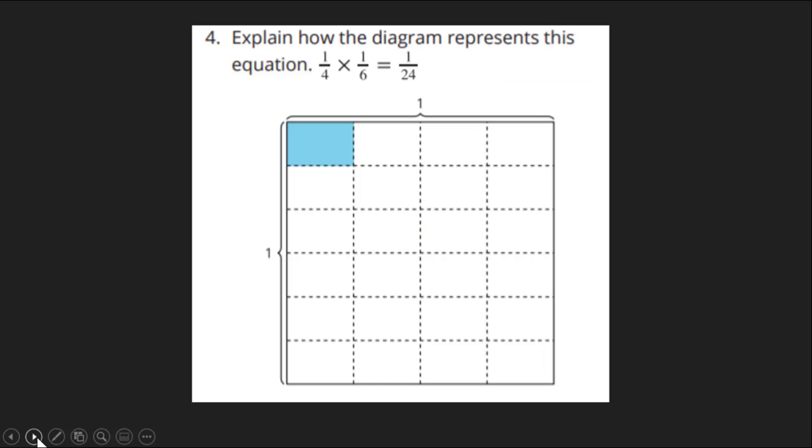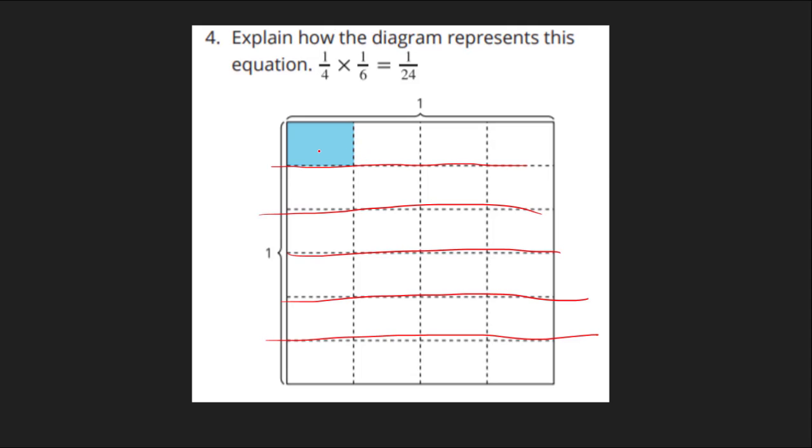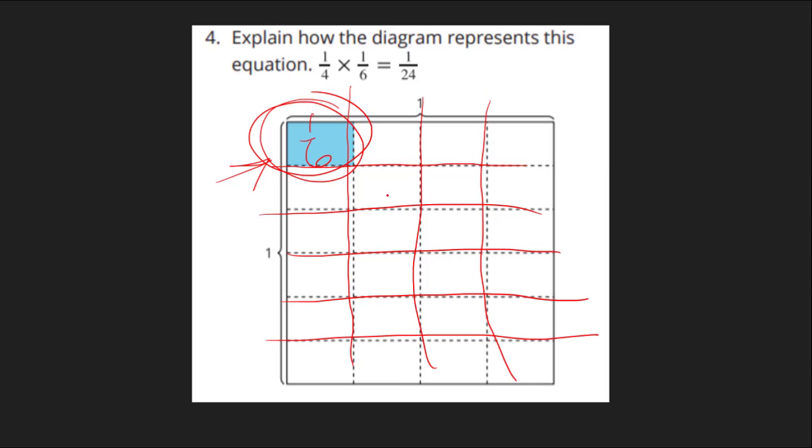So let's explain how this diagram represents the equation 1/4 times 1/6 equals 1/24. The square is divided into 6 rows and 4 columns. So 1/6 of one of the columns is shaded, and that's the same as 1 out of 24 pieces.